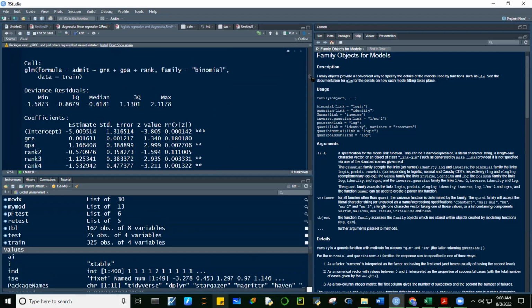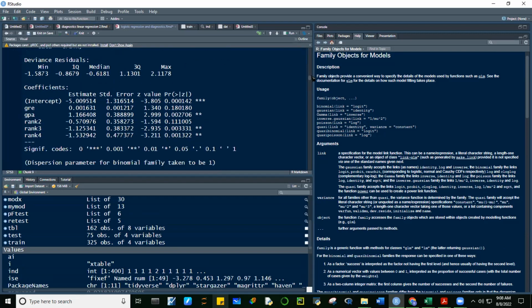So the output is the same, no? Andiyan pa rin yung call ng formula. Okay. Now, medyo na iba to, no? Hindi residuals, deviance residuals. And then the coefficients are this one. Coefficients. So we have the intercept, we have GRE, we have GPA, and then alam naman natin yung mga ranks, di ba?